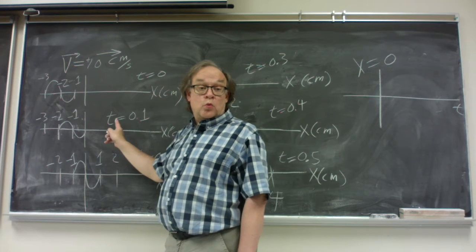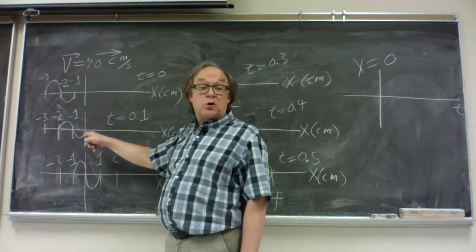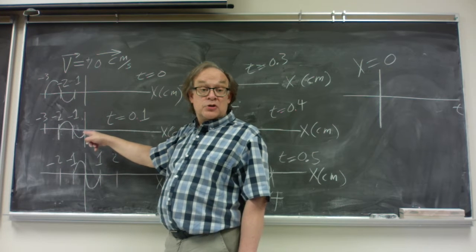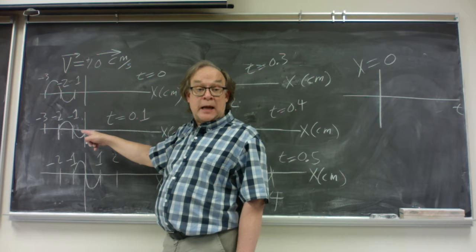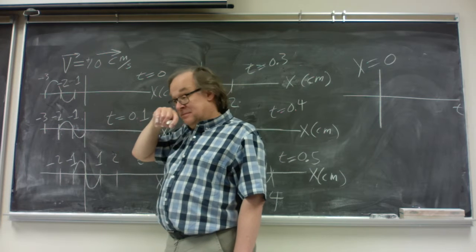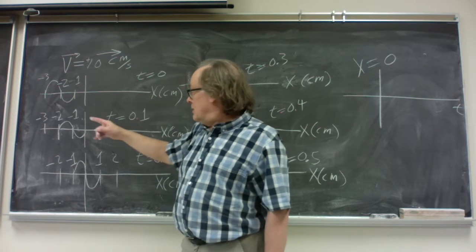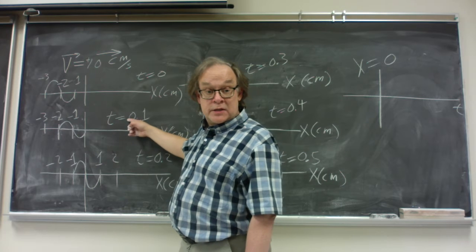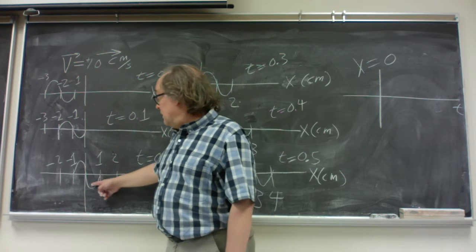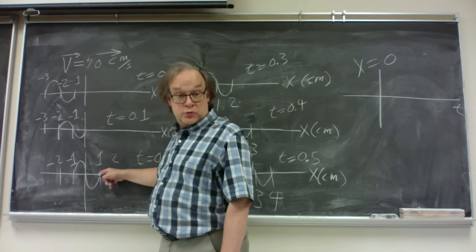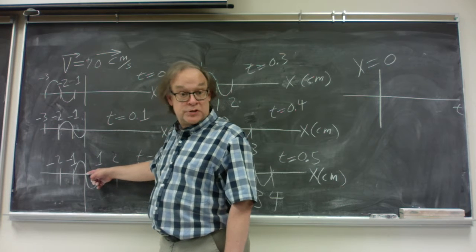At 1/10 of a second, the front of the pulse has just arrived. So things are starting to happen. In that 1/10 of a second between this time and this time, this part of the pulse has passed through the x equals 0 point.